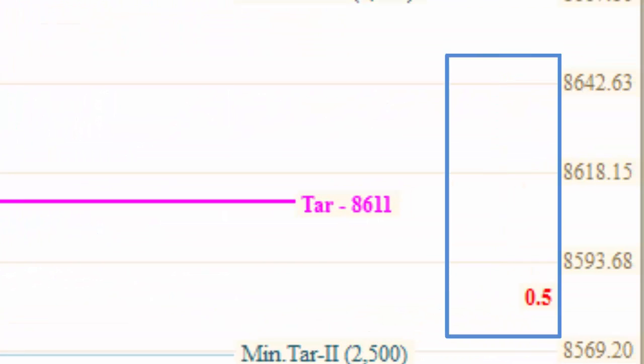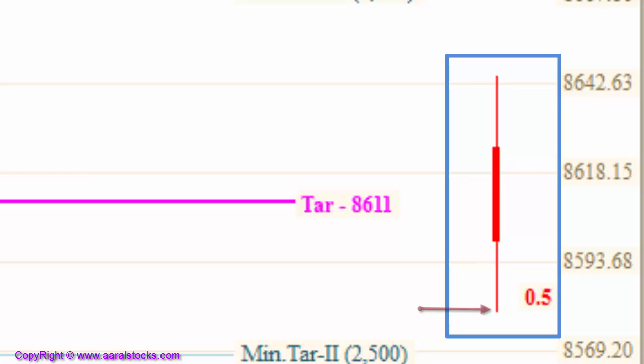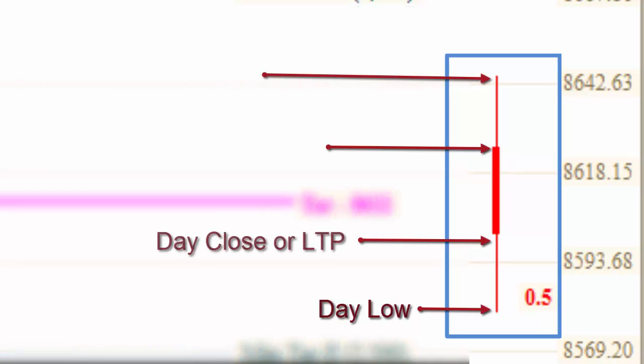In the intraday chart, on the right side, a big candle is continuously blinking, which represents the day status of the particular script. For example, if you take Nifty, the big candle represents the Nifty open, current LTP and the day low.